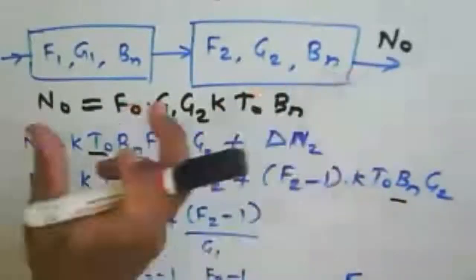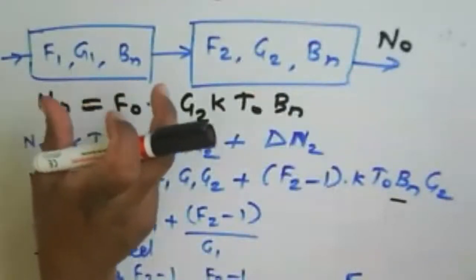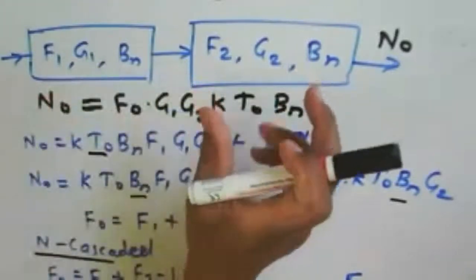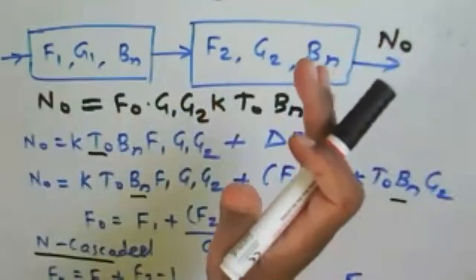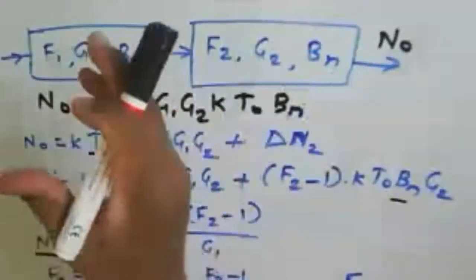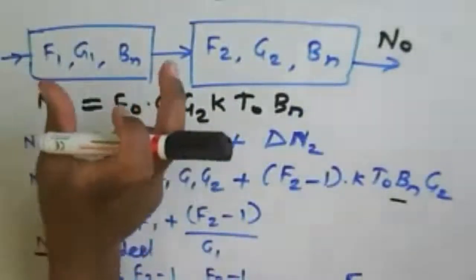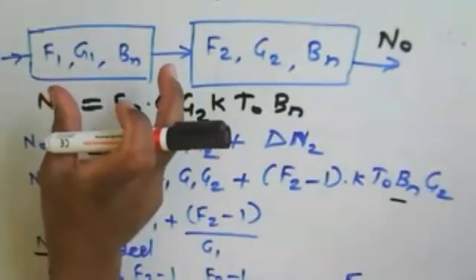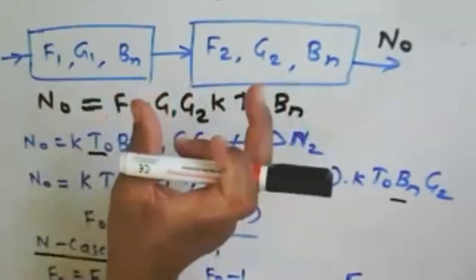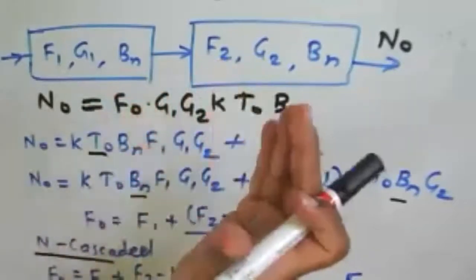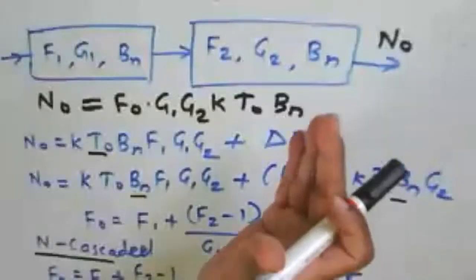So the noise introduced by each and every network, the overall noise, is nothing but the effective noise temperature, and we can define that effective noise temperature in terms of a noise temperature at the input of the network that will create a noise, or that will be a part of the noise at the output.